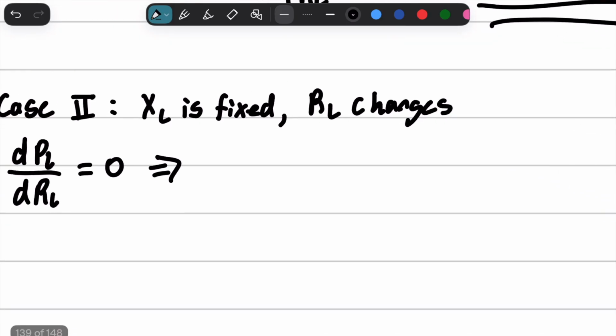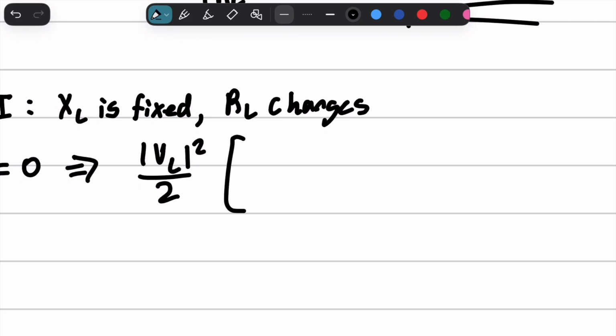Once again, we're going to go through our derivation, taking out those constants.